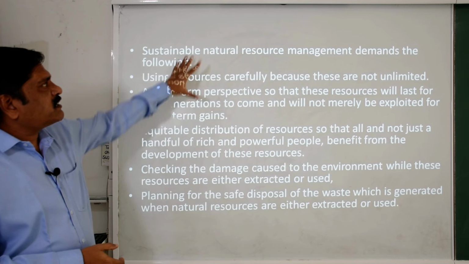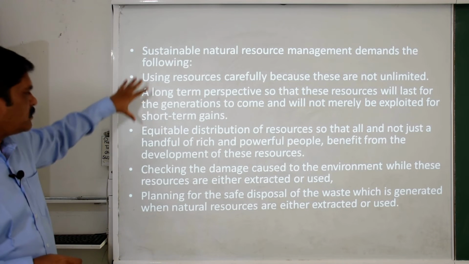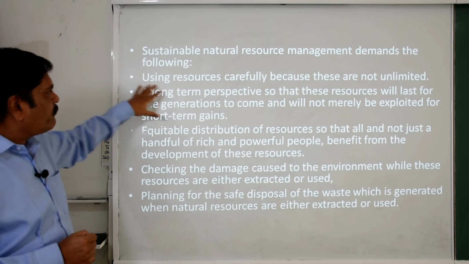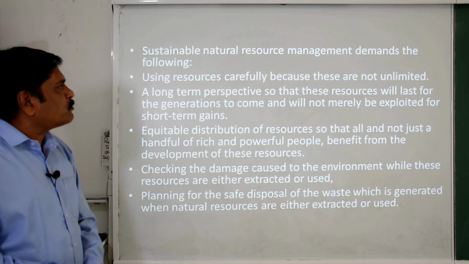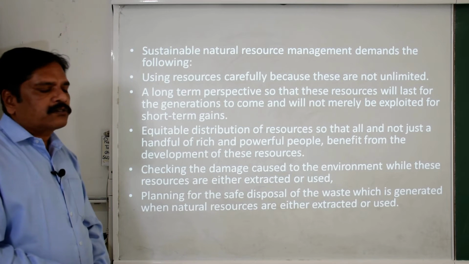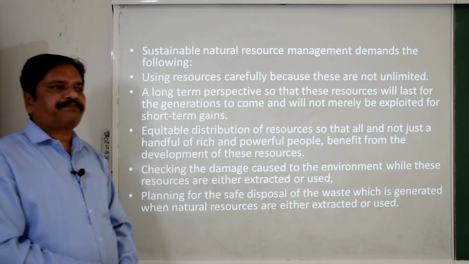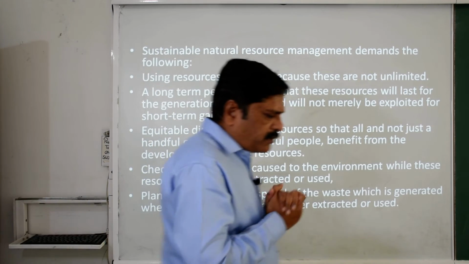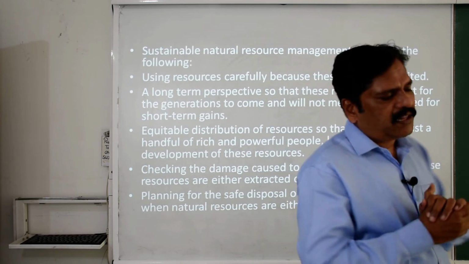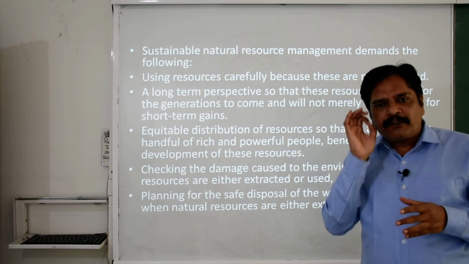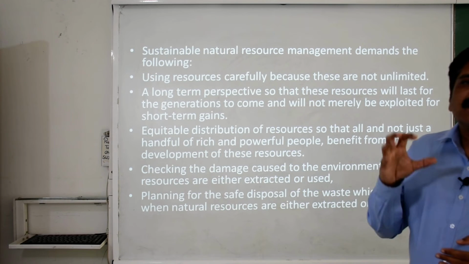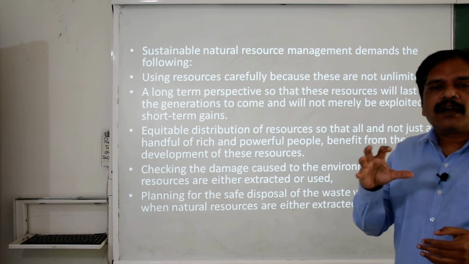Clear? So sustainable management demands a few basic facts. First one, using resources carefully, because these are not unlimited. While we are using these resources, we should keep in mind that they are not unlimited.